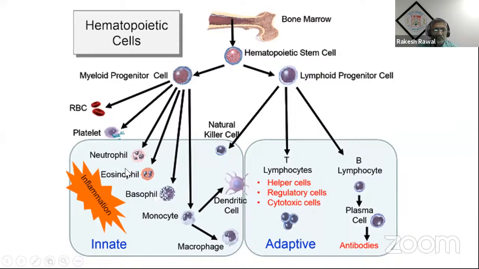Whereas the myeloid progenitor gives rise to RBC, platelets, neutrophils, eosinophils, basophils, and monocytes, and these monocytes later give rise to dendritic cells and macrophages. So this is the innate immunity with which we are born, and all these are associated with inflammation, and they are actively involved in fighting foreign pathogens.